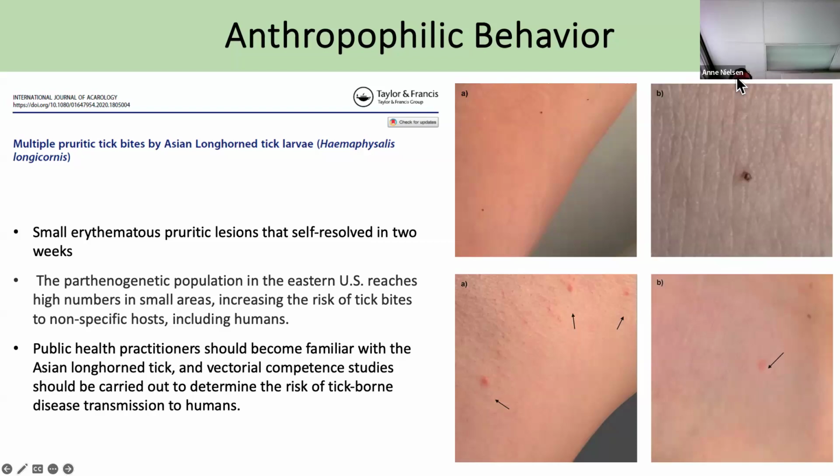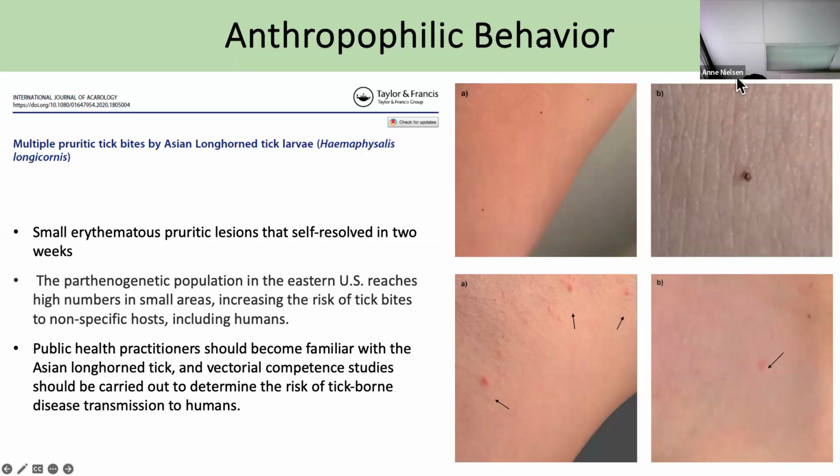Now, patients that get bitten by Asian longhorn ticks develop an erythematous pruritic lesion, which just refers to a lesion with a small redness, slightly elevated, and itchy. That resolves itself typically in 2 weeks.